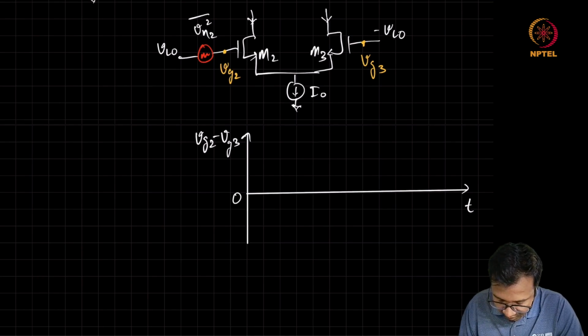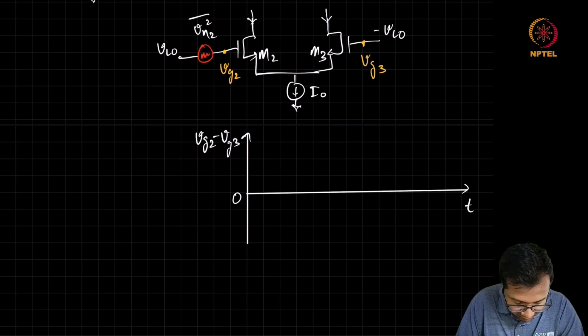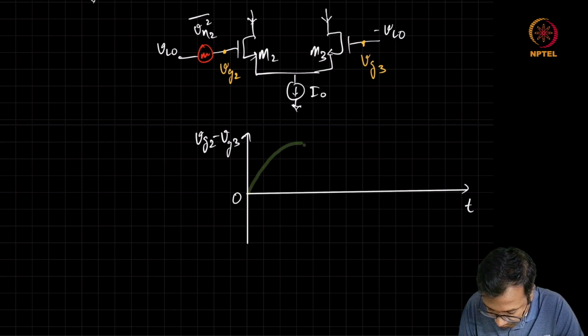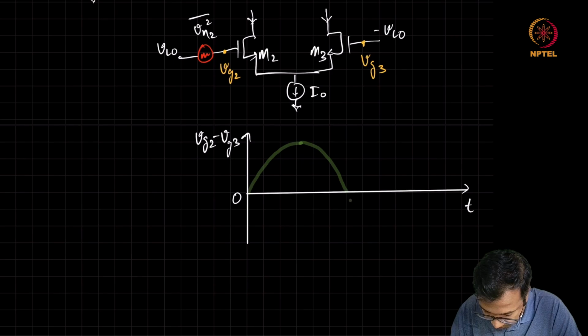And we know that it is going to depend on this VLO. So the difference is going to have an amplitude of 2 VLO max.